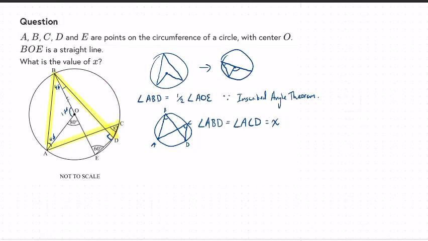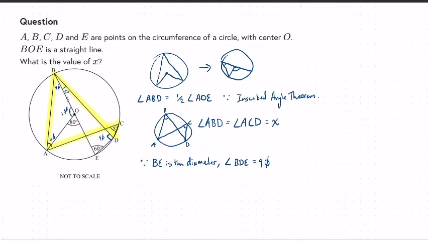So because BE is the diameter, it goes through the center, angle BDE is equal to 90 degrees. And if that's 90 degrees, that's 60 degrees, 150.